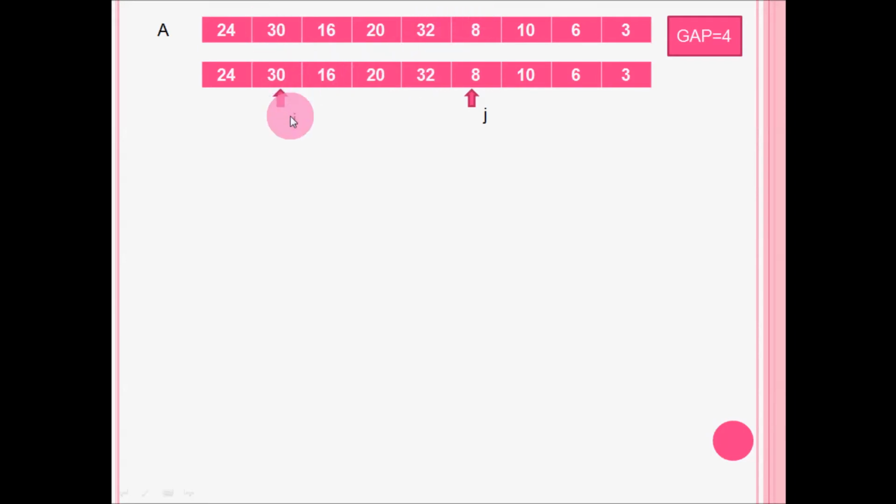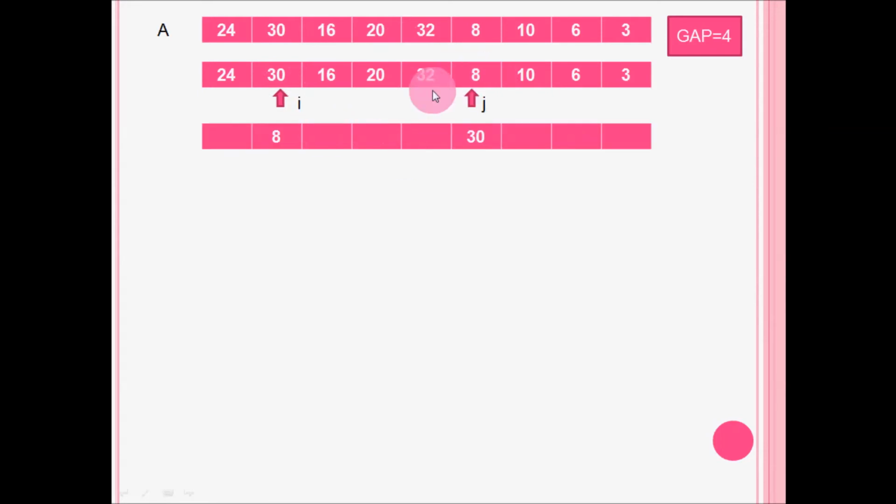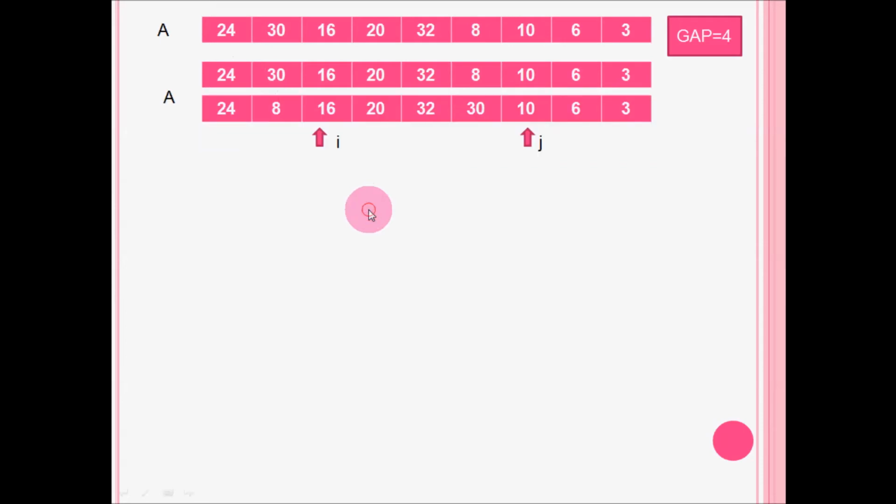So I is here now and J is here. Now I is bigger than J, so swapping is needed here. So 8 should be here and 30 should be here. Other elements are as they are. I is incremented again by 1 and J is also incremented.